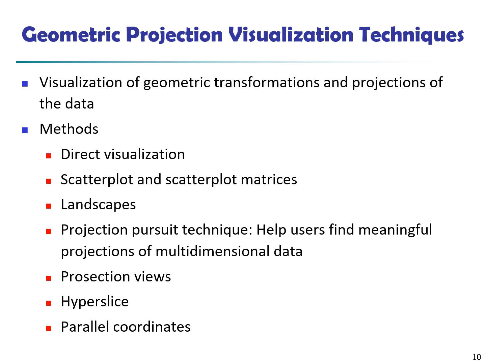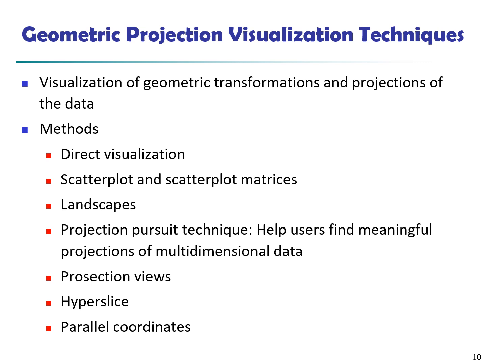So, the first one is the geometric projection visualization techniques, and within these we have many methods. But from the name, it actually uses geometry to transform data into geometric forms, into lines, points, 3D or 2D shapes. All of these are considered to be geometric projections.